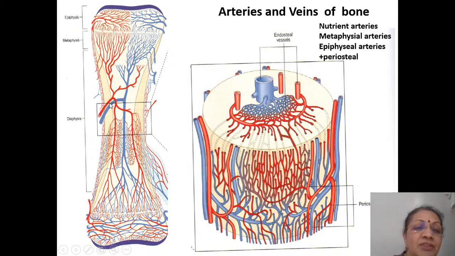So the artery has gone up to approaching the metaphyseal area, and then suddenly there seems to be a gap or a line where it's not crossing. The branches of this artery are not crossing that line. Why did that happen? Because if you follow it, they're looping back on themselves.